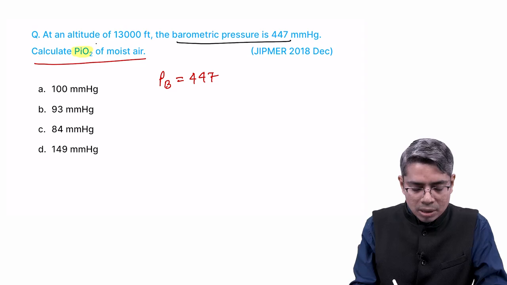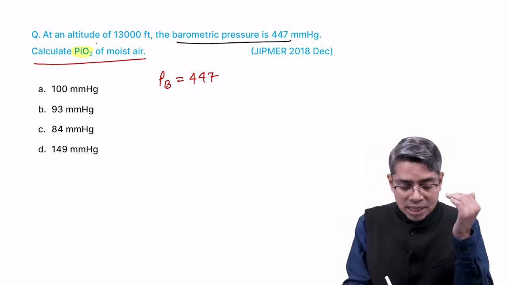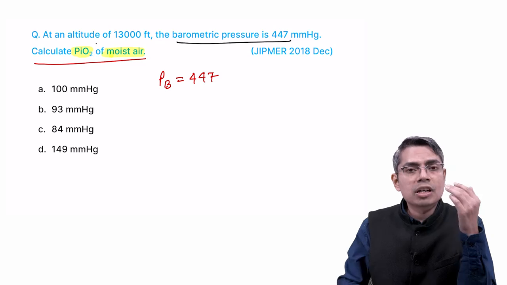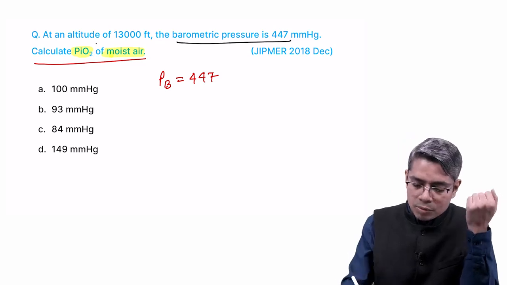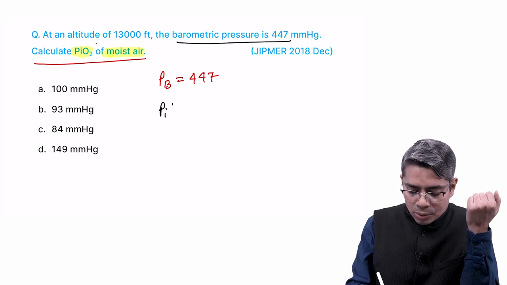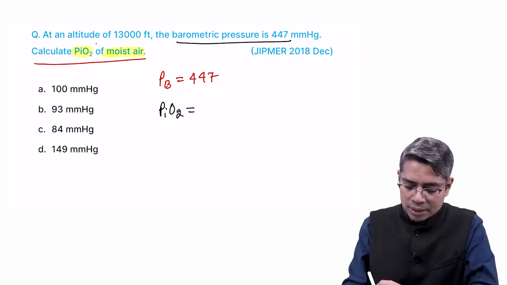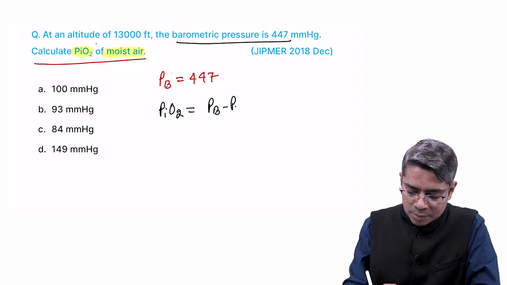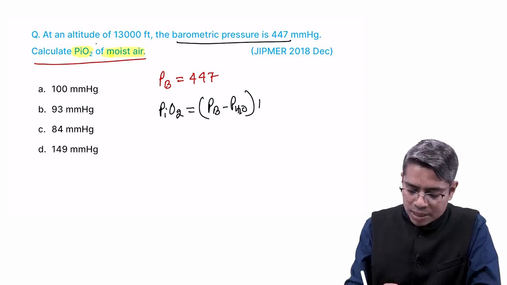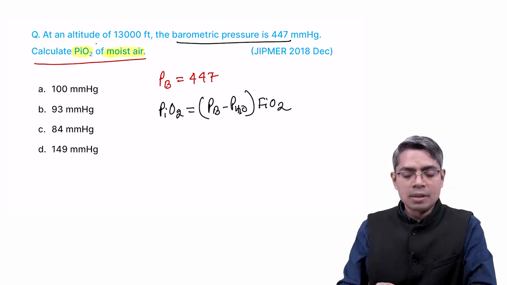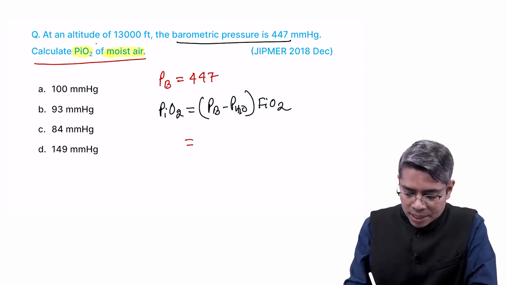PiO2 means when the atmospheric air enters the conducting zone, there will be moisturization. So what is the formula for calculation of the PiO2? I told you the PiO2 is calculated by this formula, PB minus PH2O multiplied by FiO2, right? Now PB is given here, 447 millimeter of mercury.